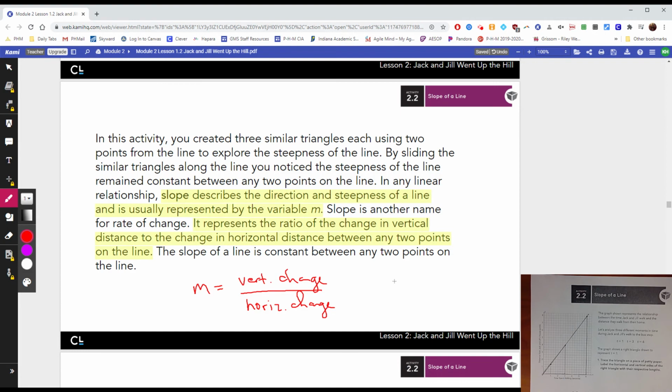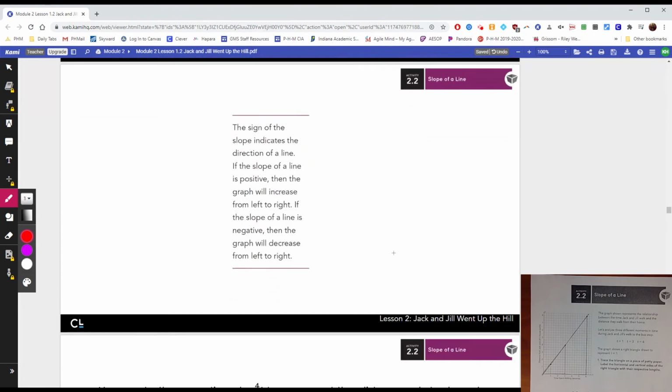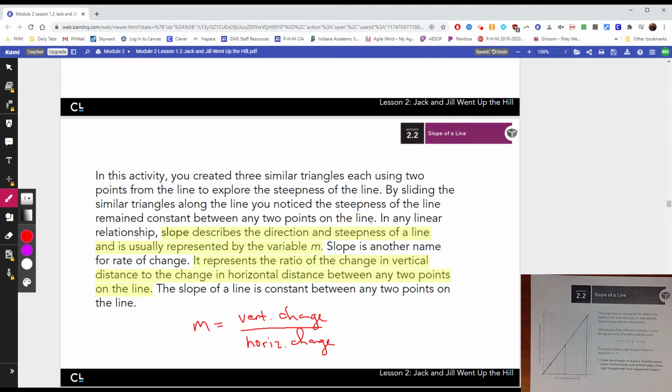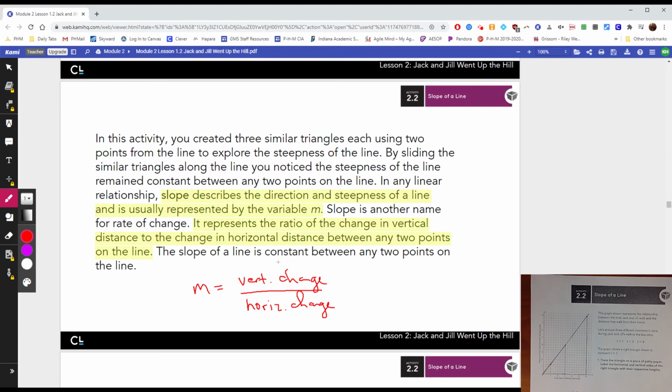That's slope. And then it also tells us that the sign of the slope indicates the direction. So positive, the line is going to go up from left to right. If it's negative, it's going to go down from left to right. So it gives us the steepness and the direction. The direction is indicated by the sign, positive or negative. Steepness is the ratio.